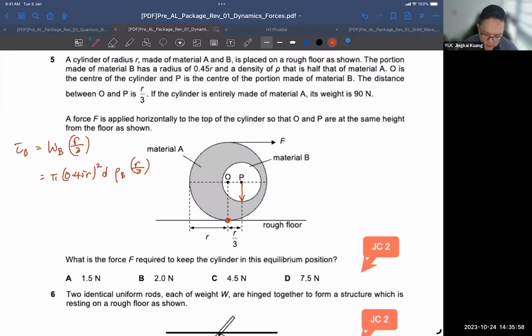If this is supporting, that means this one will want to rotate this way, downward.